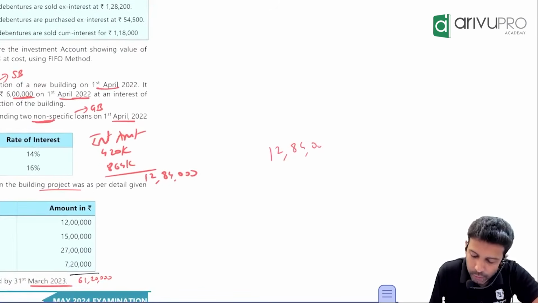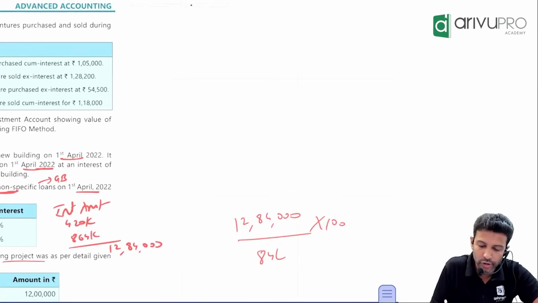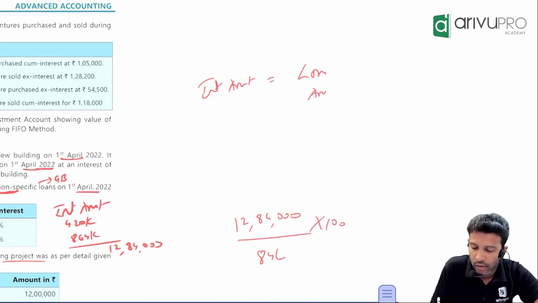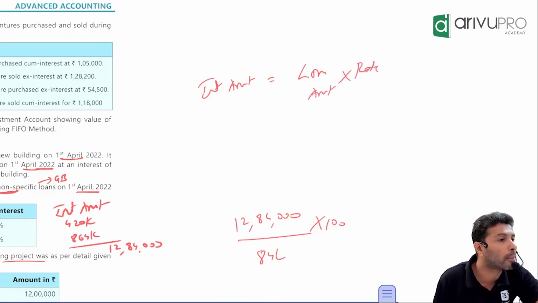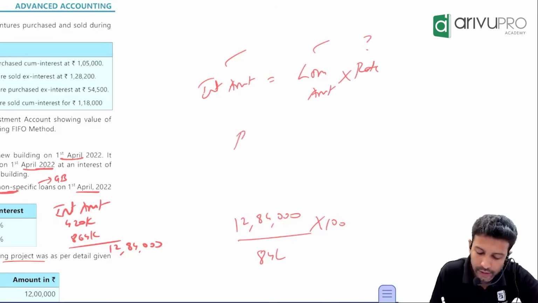If you are confused, how do you calculate interest on a loan? You take the loan amount and multiply by the rate. If I give you the interest amount and the loan amount, can't you find the rate? How do you get the rate? Interest amount divided by loan amount.